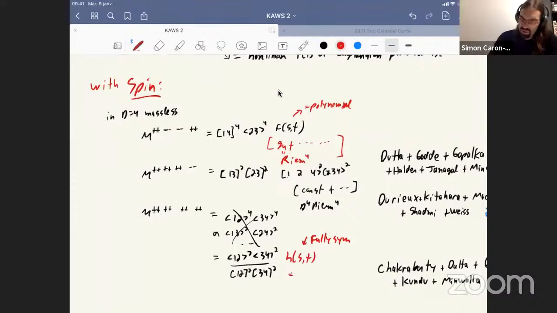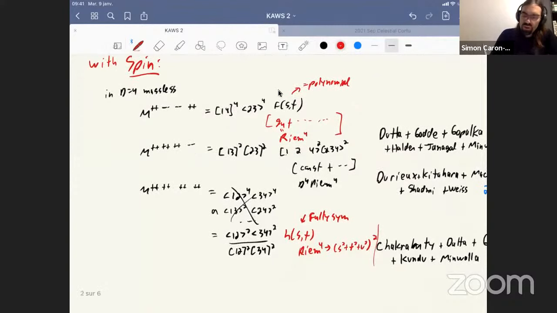So the first contact terms give you S^4 plus T^4 plus U^4. Oh, sorry, S squared plus T squared plus U squared, etc. That's the Riemann to the 4. So one can work out how this works. A very useful concept is a classification of these things that you can multiply.